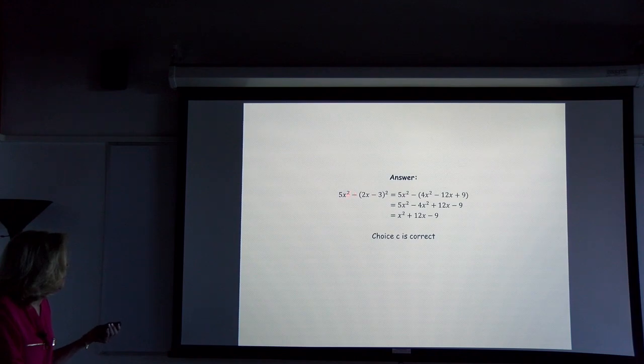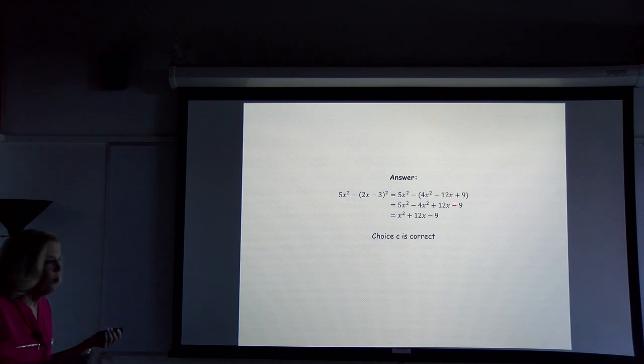Okay, so again, the trick here is if you have 2x minus 3 times 2x minus 3, that's the trinomial 4x squared minus 12x plus 9. You've already combined your inner and outer terms. That trinomial is being subtracted from 5x squared, which means you have to subtract each and every term. So I just go through removing the parentheses and reversing all the signs. So the positive, negative, positive became minus, positive, minus, and then combine your like terms.